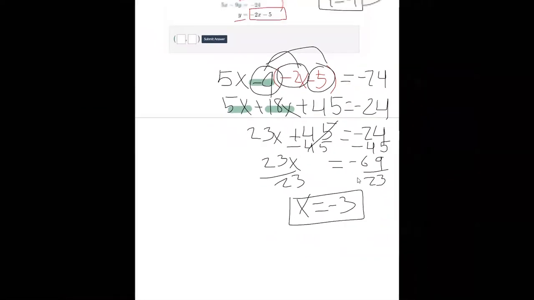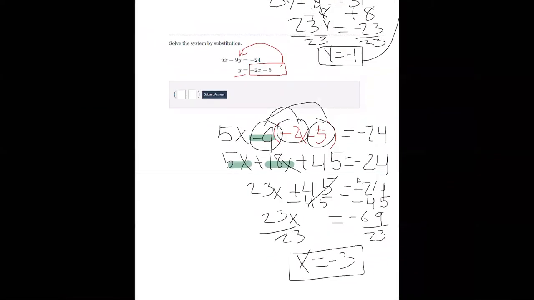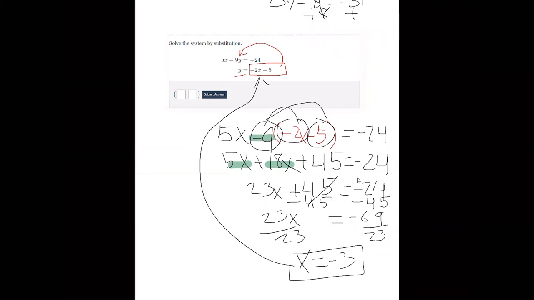Sorry, let me zoom out so we can see. Then to get our y, we're going to plug it in here, and I'm going to erase this from the previous question. If you plug this into the second equation, you would have y equals negative 2, but instead of the x, we're going to plug in negative 3.